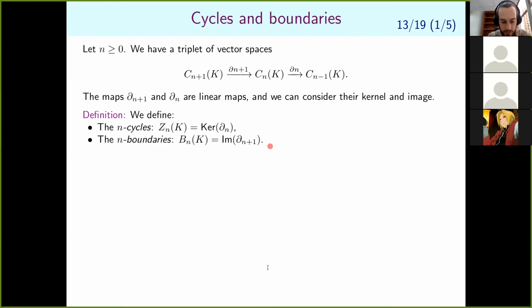This is a set of boundary of C. And the n cycles is a set of n chains such that their boundary is 0. I just wrote in the chat.